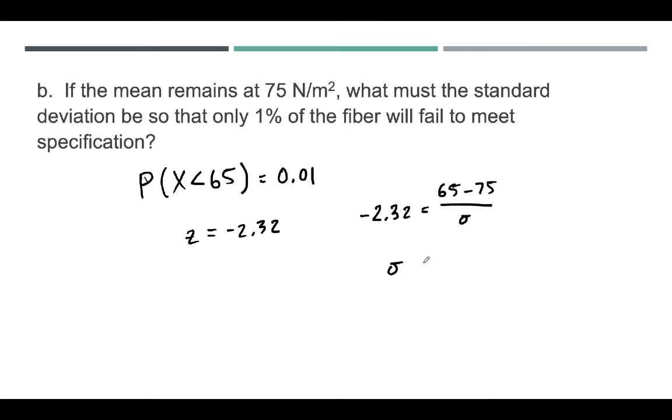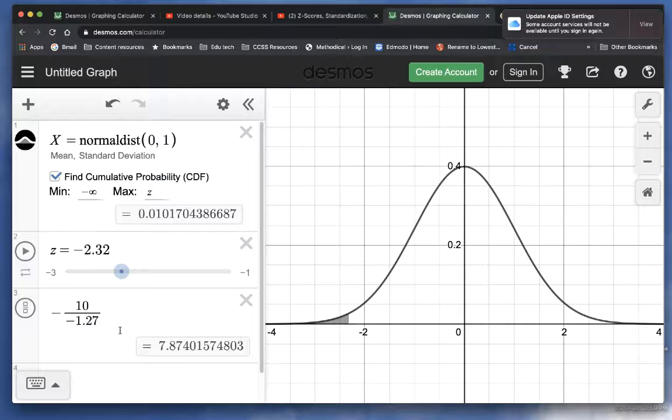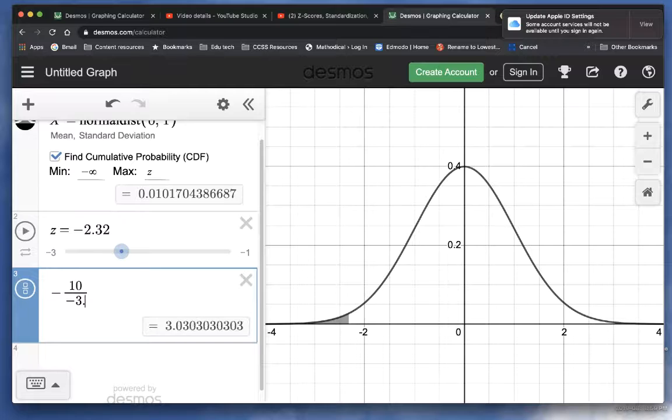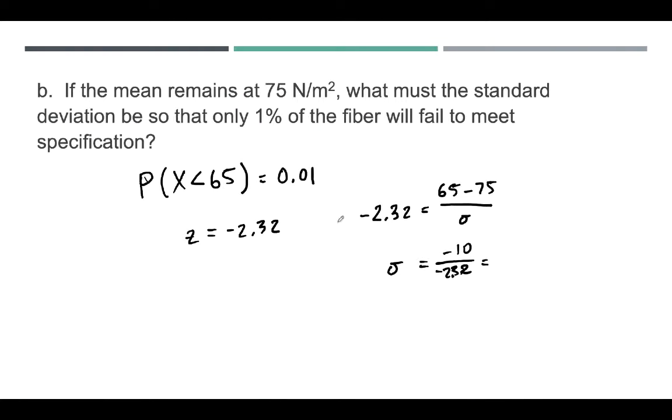A little bit of algebra, we get -10 over -2.32. Let's call it 4.3. So our standard deviation needs to change to be about 4.3, and that will give us only 1% of our spec failing.